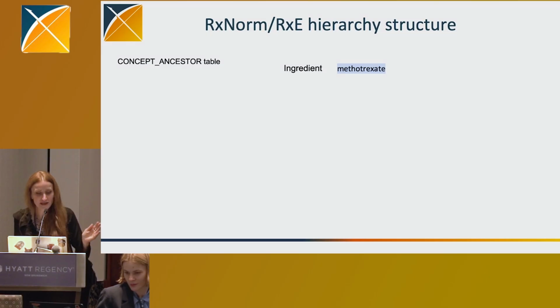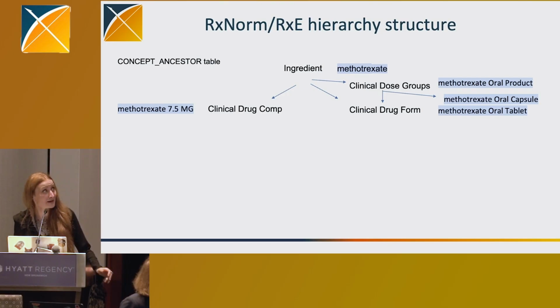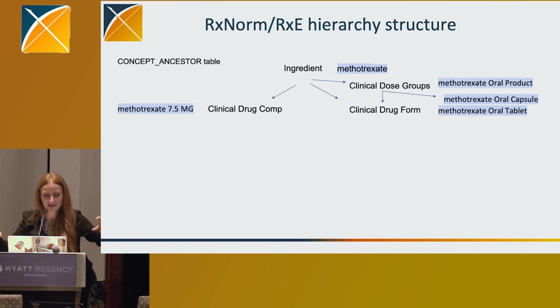So the first level here at this dimension, RxNorm and RxNorm extension hierarchy, is ingredient level. So you start from ingredient, and then you will get all the descendants. So let's click, and we will see the derivatives of the ingredient. So also two axes, clinical drug component and clinical drug form, also clinical dose groups.